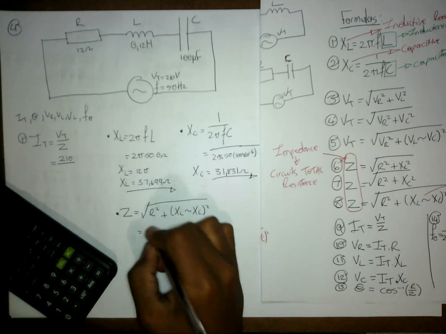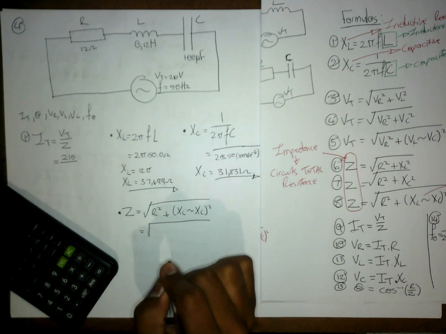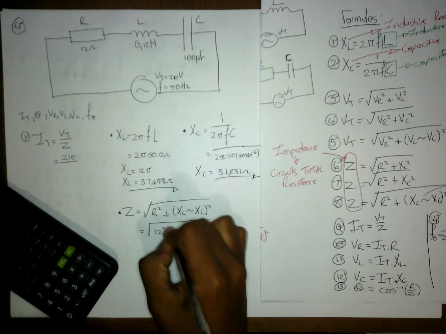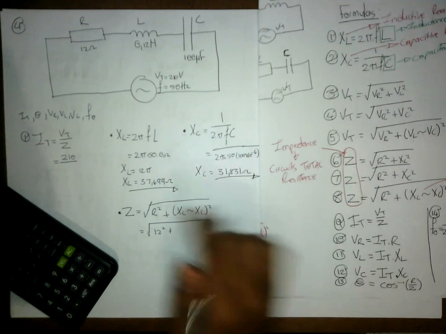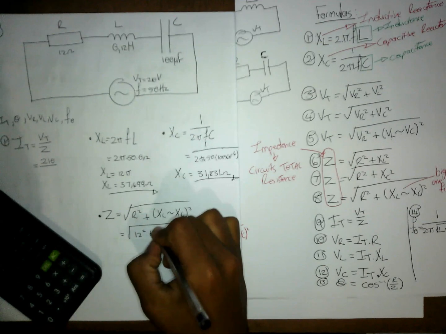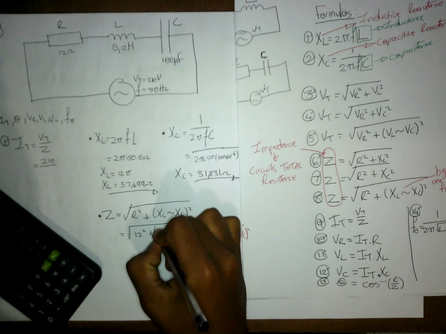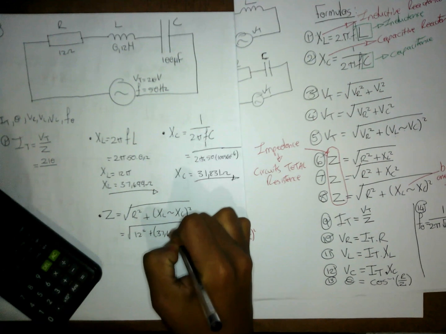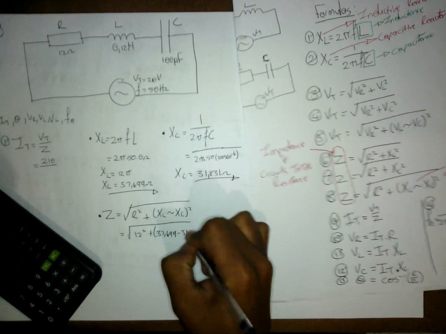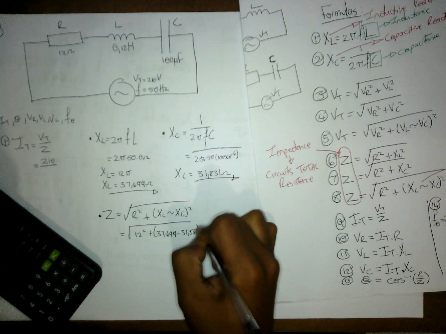R squared is 12 squared plus, so the bigger one is the XL, so I'm going to say 37,699 minus 31,831 squared.